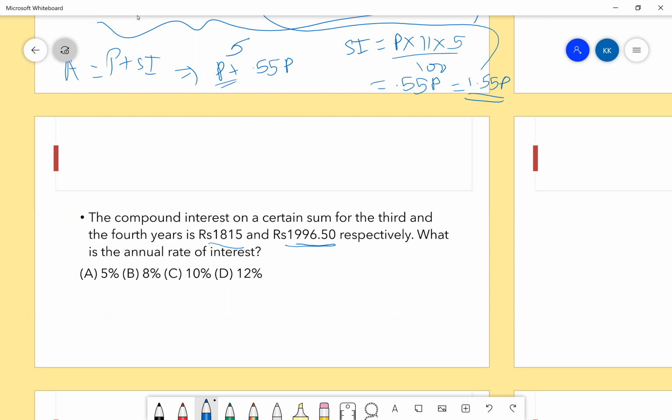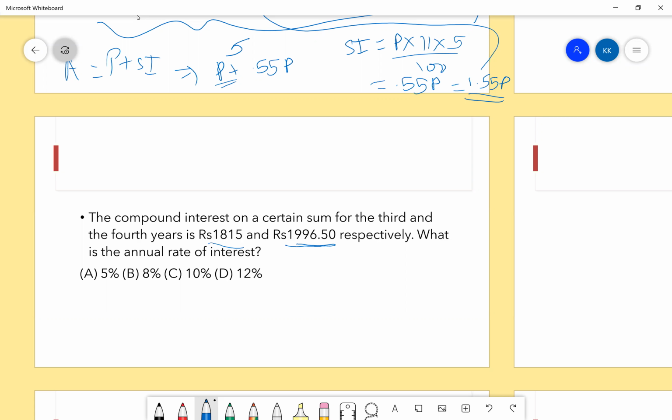Obviously, it will be different, because it would be a square. You will have a divided by 2 only when it is calculated half yearly, because the rate of interest gets halved. Sure, okay, guys.